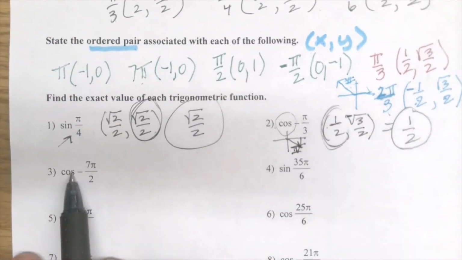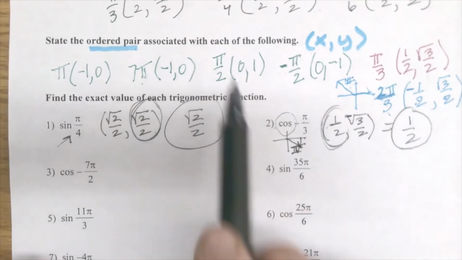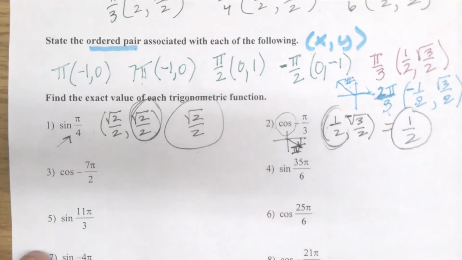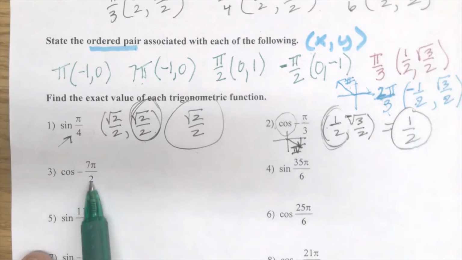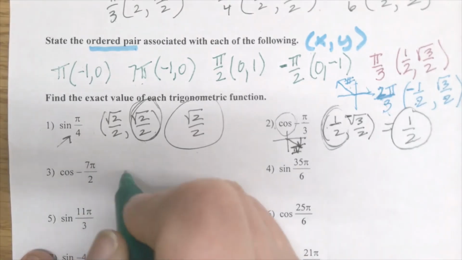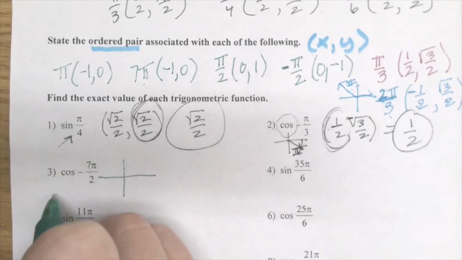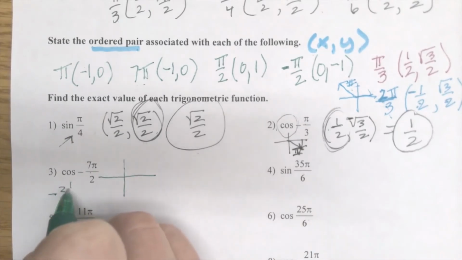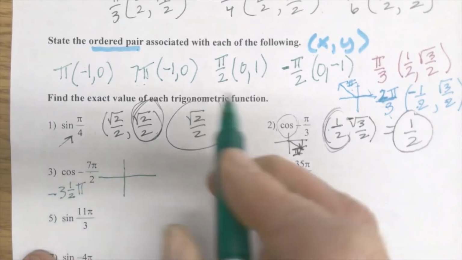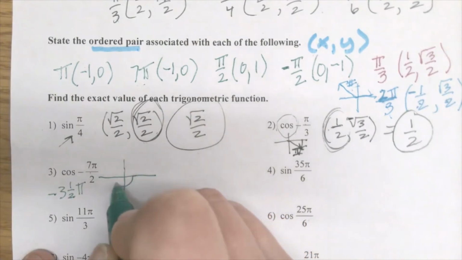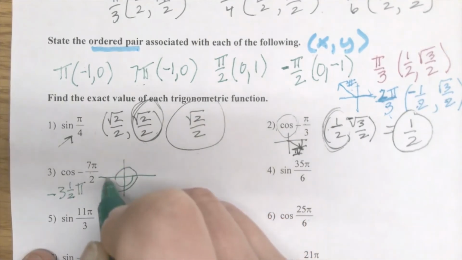Again, I'm going to be working around with the families and the axes. So on this next one, cosine of negative 7 pi over 2. So what I'm going to do is figure out where that is. Negative 7 pi over 2, I write that as negative 3 and 1/2 pi. That means I'm moving backwards. 1, 2, 3 and a half.